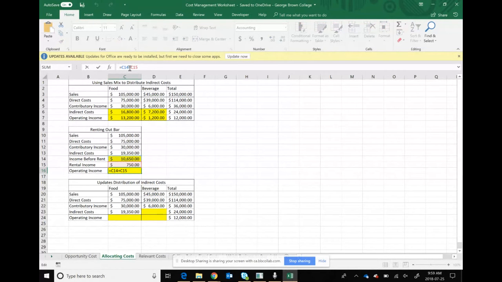So it's different, right? We can allocate it, but is that a true allocation of what activities are consuming specific resources? No. It's just a way to allocate it based on sales mixes. The most appropriate way, in my mind, to allocate your indirect costs effectively is to look at the amount of money you're spending on your bartenders, then divide that by your total amount of labor.